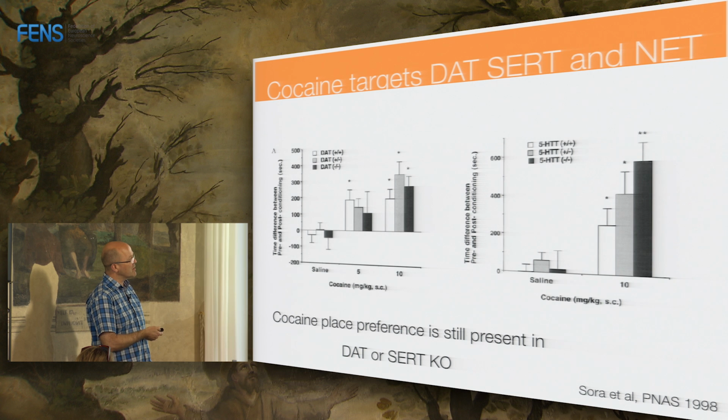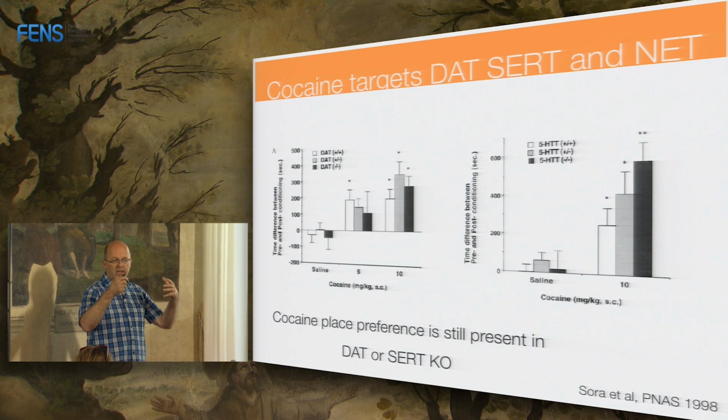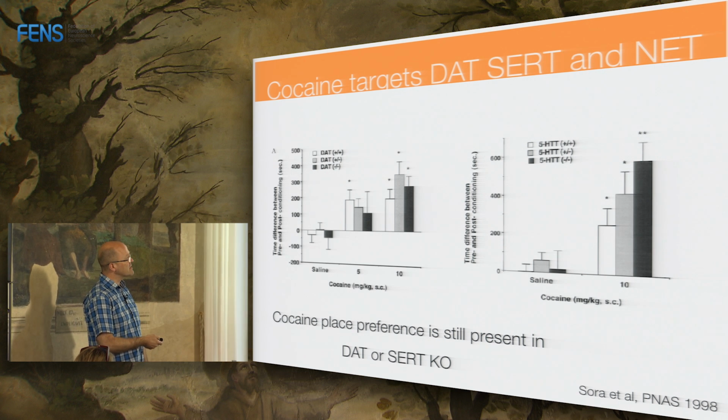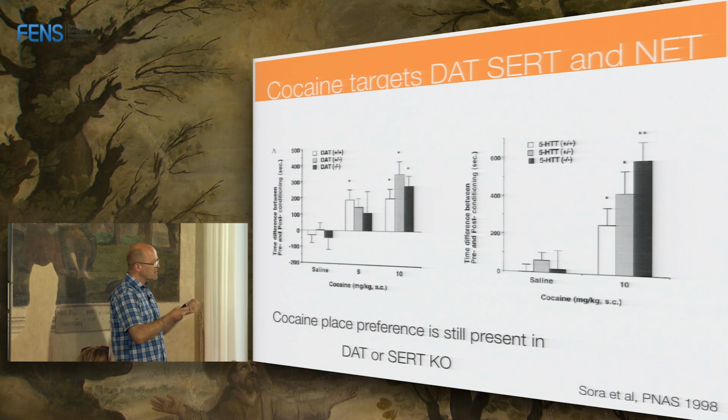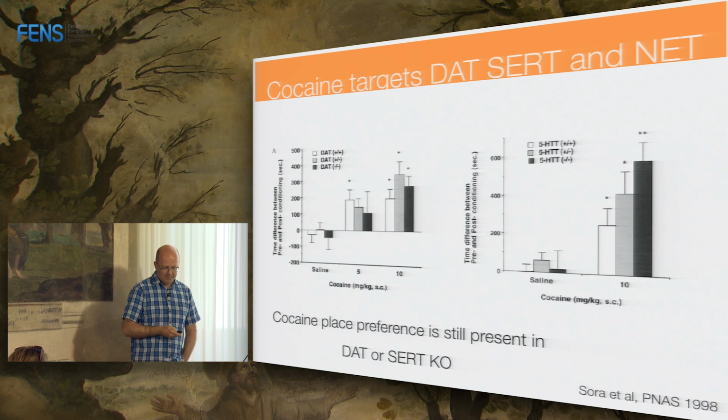Here we have the dopamine transporter knockout that shows a typical drug-adaptive behavior, this conditioned place preference, which was also present. So that was again against the dopamine hypothesis, but something similar happened with the serotonin transporter. So the question was what exactly is going on here.